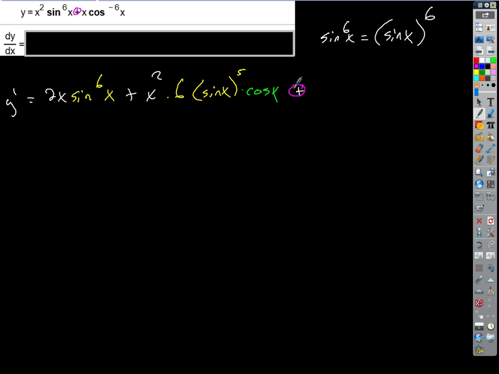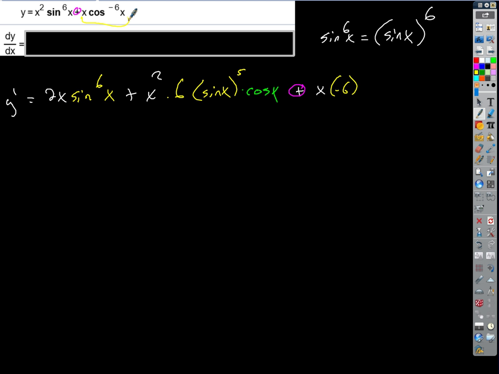We've got another product going on here. So Liz, what about the second product? X times negative 6 times... These numbers were wrong. So we're on this one now, right? So we did the first, so all this stuff over here, these are the two terms from the first product. Now we're doing the second product. So you're off to a good start. So you said x, and you're doing the derivative of that part, right?